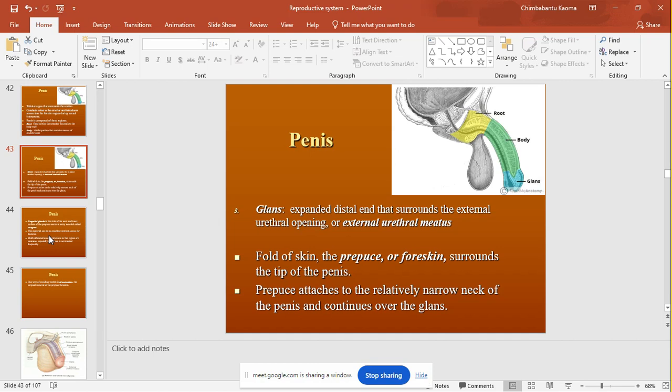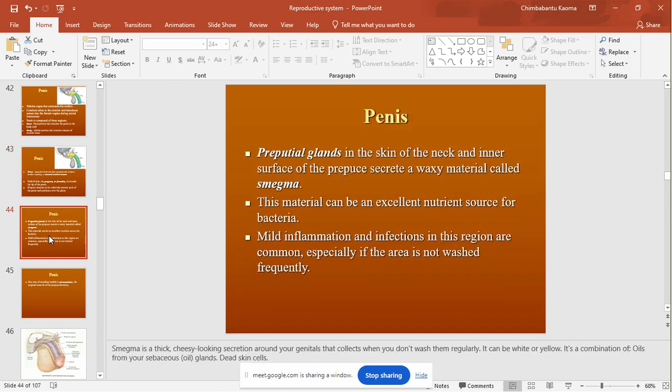It is this prepuce that is cut during circumcision. Now, the prepuce does secrete from glands, which have a waxy secretion. This waxy secretion is known as smegma. Now, smegma, unfortunately, can be very good nutrients for bacteria.